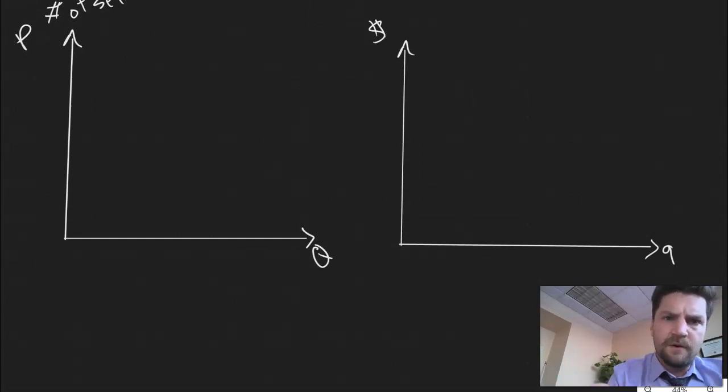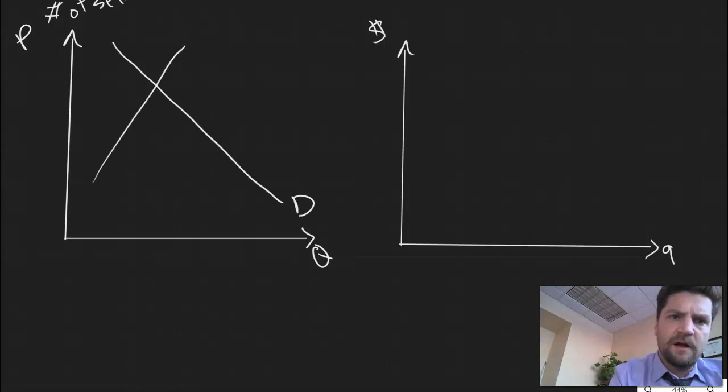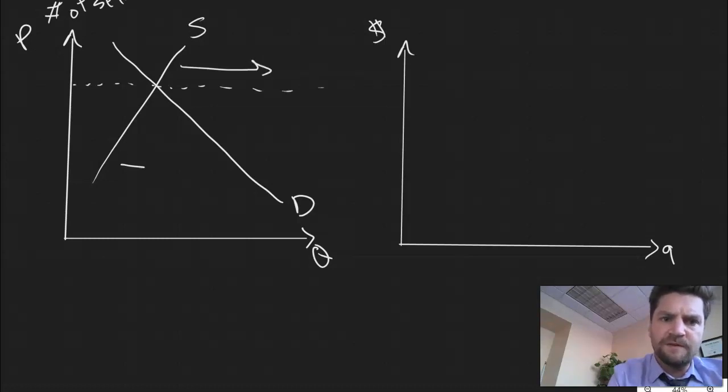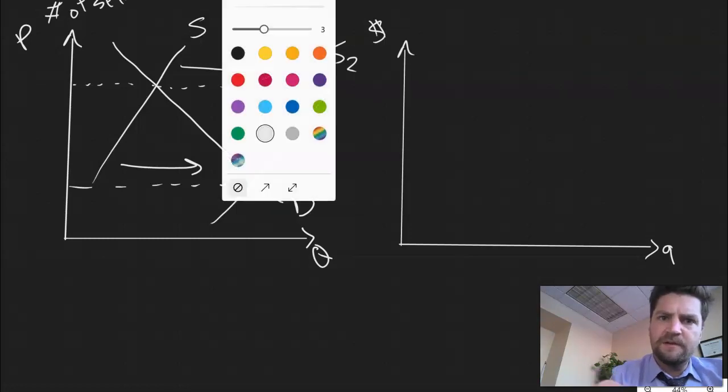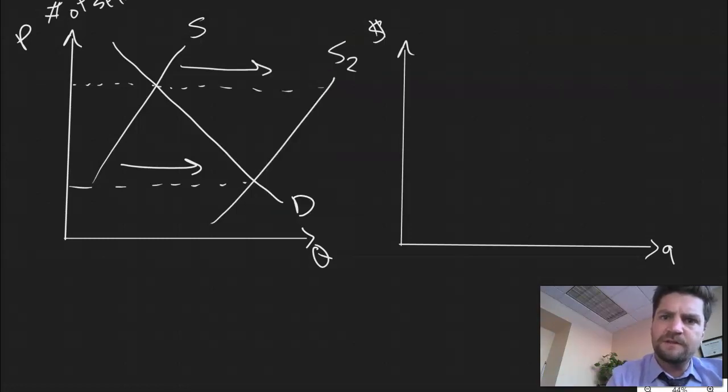All right, so let's say, again, we start off with some positive economic profit price, right? Some price that's way up here. And let's say that there's a shift outwards of the supply curve that's a real extreme shift outwards. So the new supply curve is down here. And let's say that we have very similar average total cost and marginal cost curves as before.